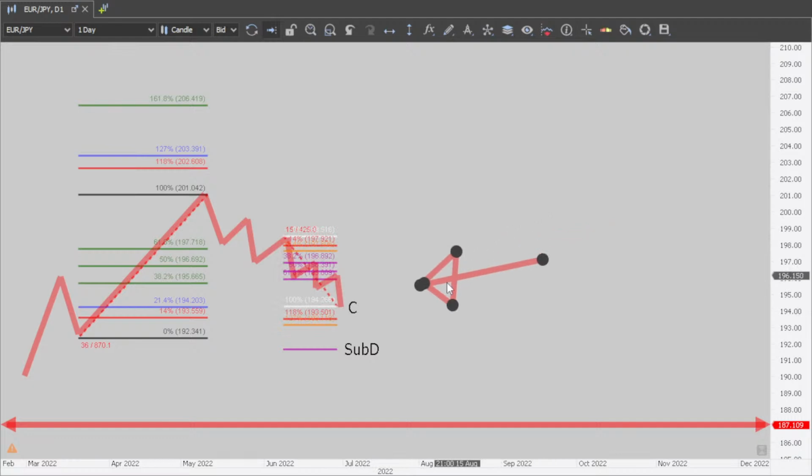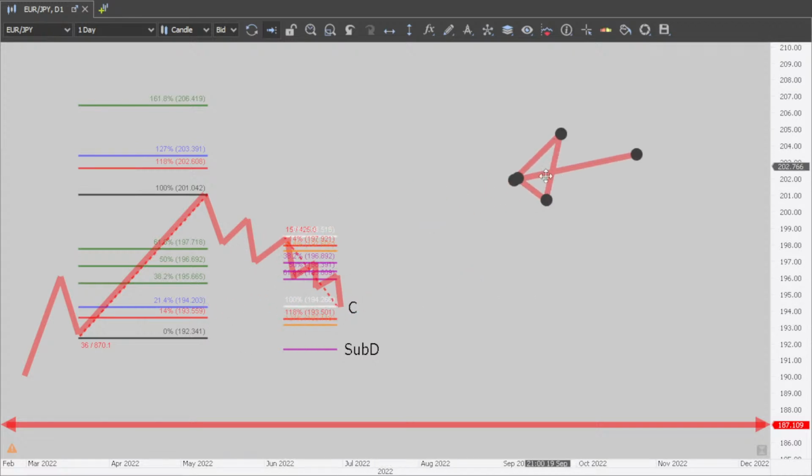Confirmed C's are not guaranteed, everybody. The market can still break your A, especially on the smaller time frames, 15-minute chart, 30-minute chart, 1-hour chart. The smaller the time frame, the more noise.